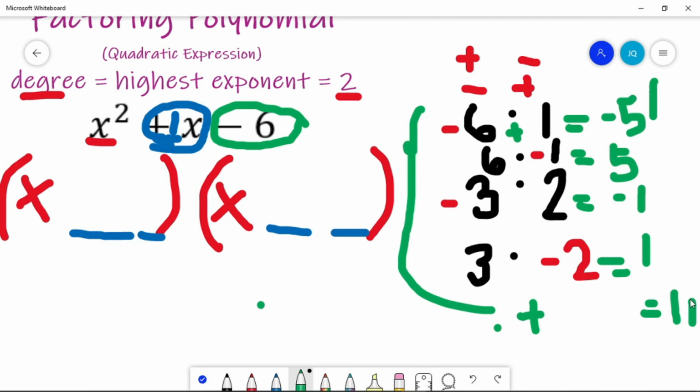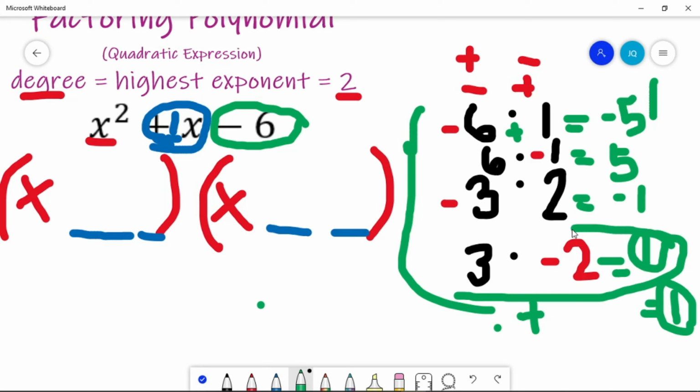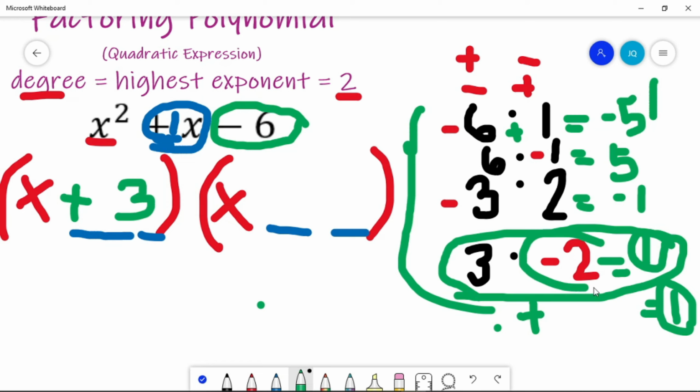So we are looking for positive 1. It means that these numbers are the values that we should put here. That is positive 3, so plus 3. And that's negative 2, so minus 2.